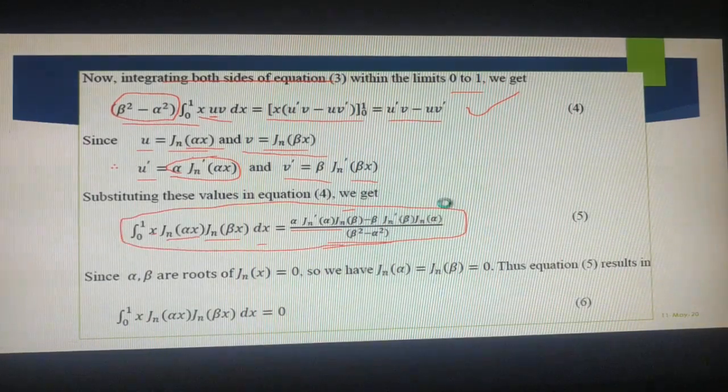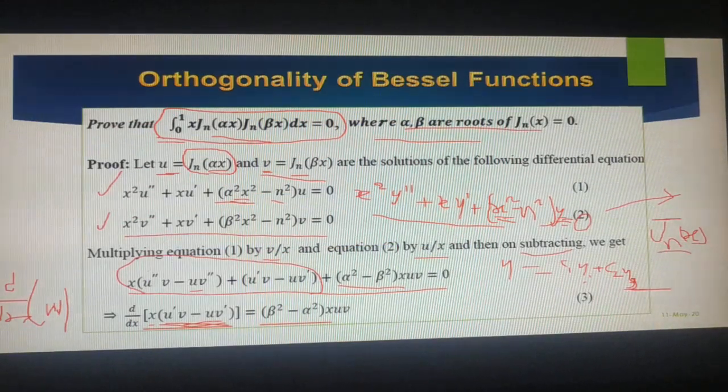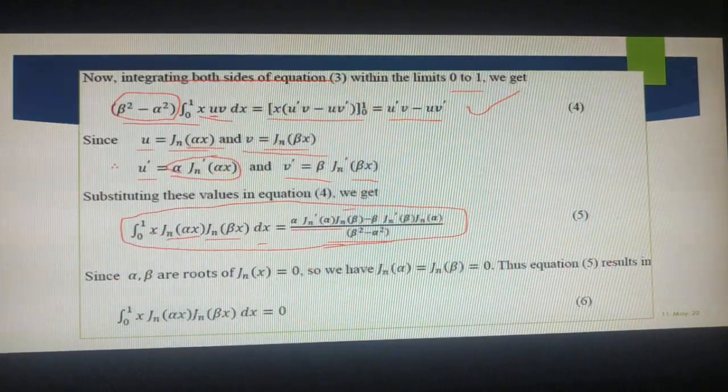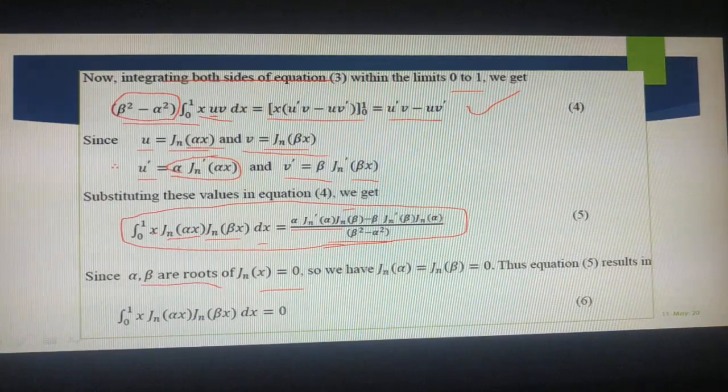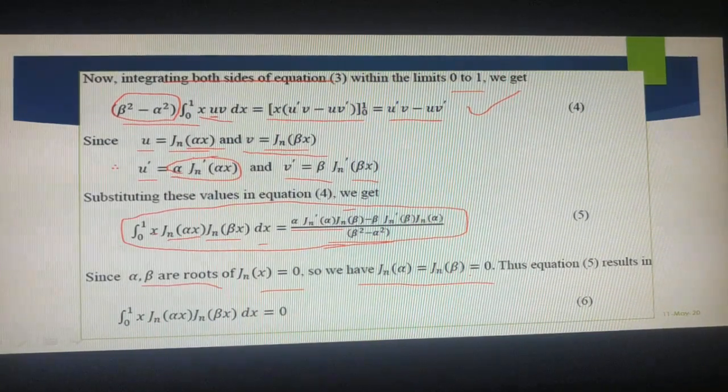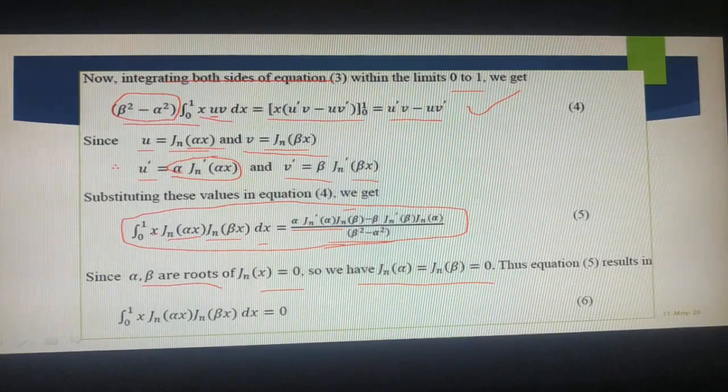Right, and it is clearly mentioned, alpha and beta are the roots of jn of x equal to 0. So it means jn of alpha is 0, jn of beta is also 0. That is the meaning. Because they are roots, when I substitute alpha and beta in place of x, these values will become 0. So I'm just doing the same thing here.